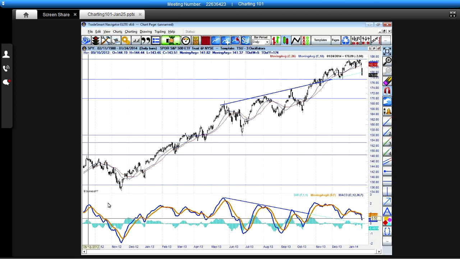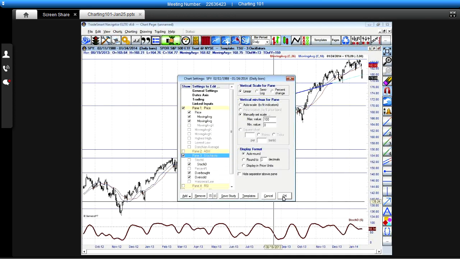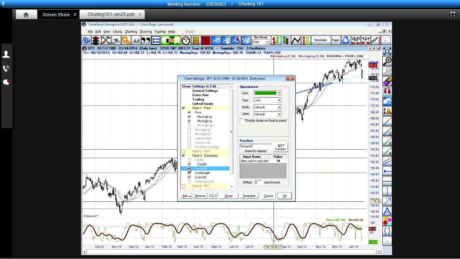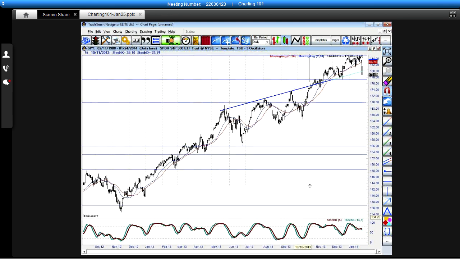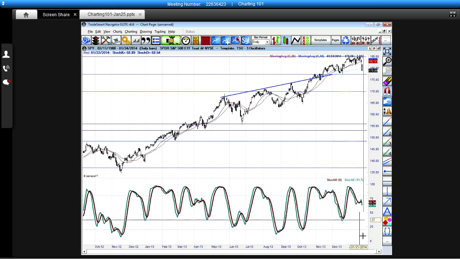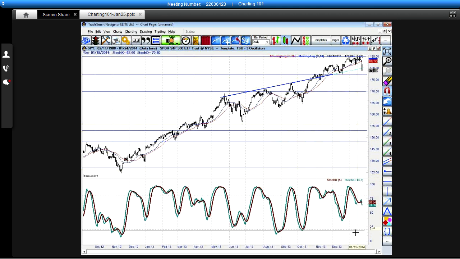So if we go back to the SPY and look at that indicator, you can see the range here from 0 to 100, and that it just oscillates up and down, up and down, up and down.